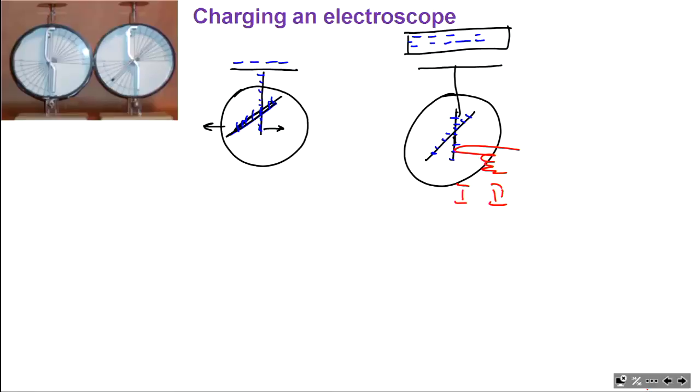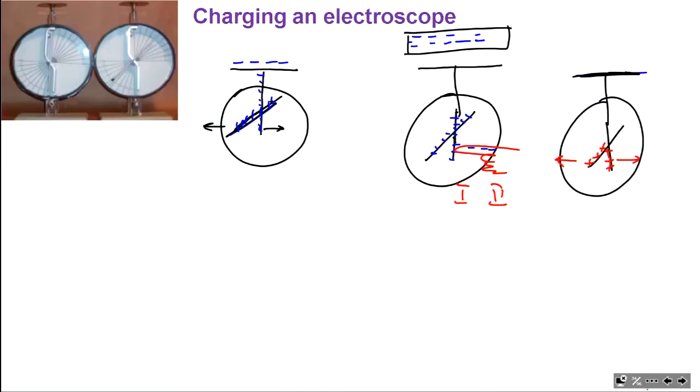So now some electrons, being moved because they repel each other, go from the electroscope onto my finger, and then I remove the finger. If the electroscope was initially neutral, and now I removed some electrons, what's left? A deficiency of electrons makes this electroscope positively charged. And again, we observe the repulsion.